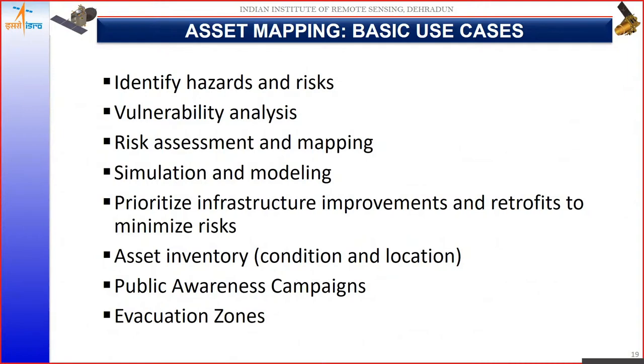If that is so, which assets, all the infrastructure, will get affected based on the intensity of the hazard? Before that, it will require the assets inventory, and as a precursor you can do the public awareness campaign and also carry out evacuation zones.